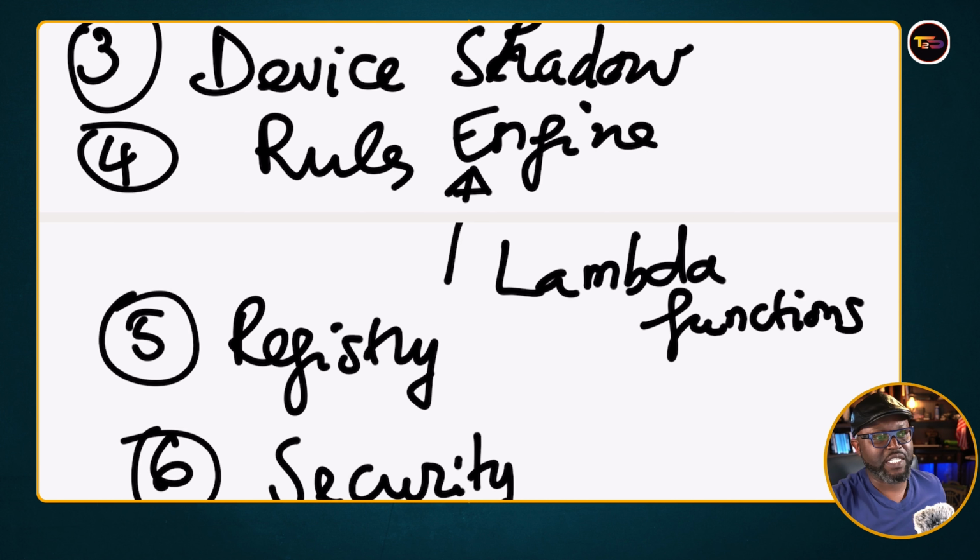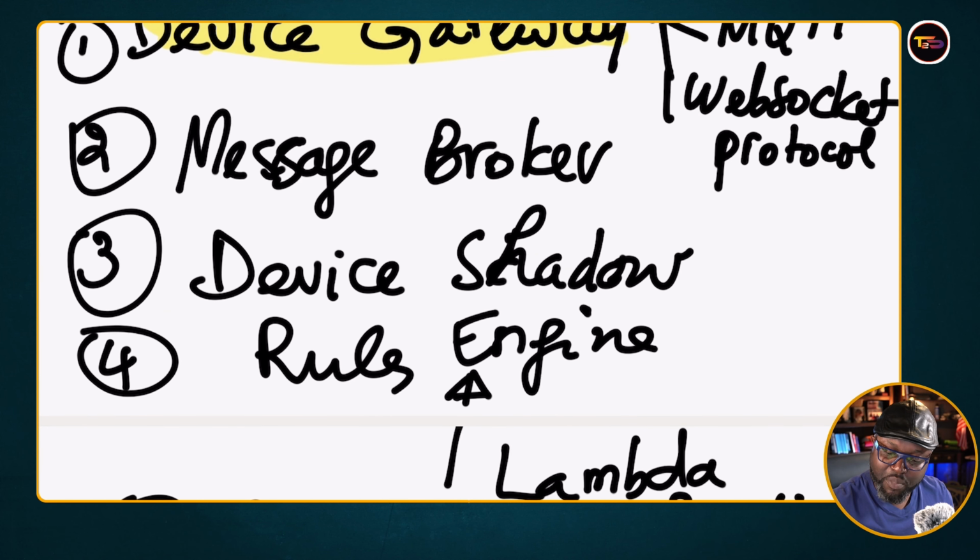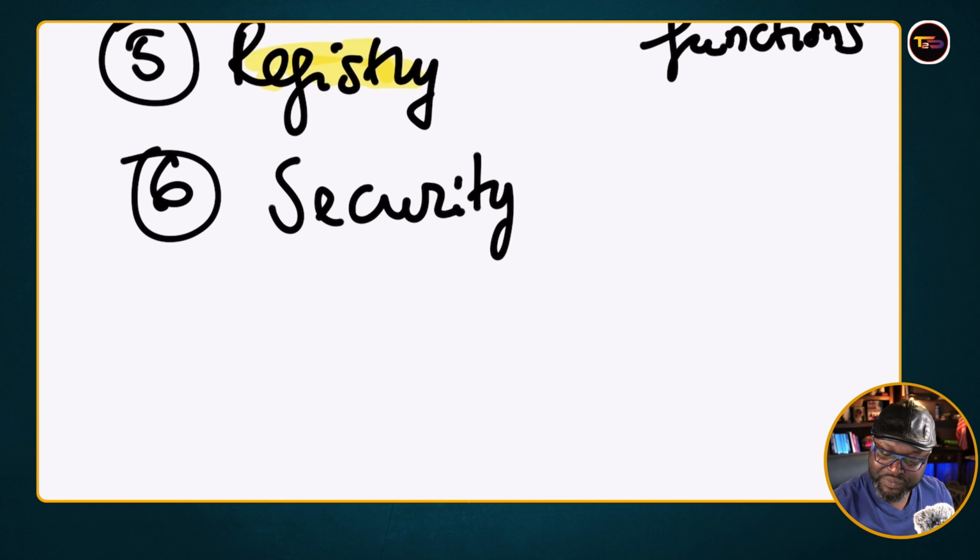This enforces authentication and encryption at all points of connection, so every point of connection should have a layer of security attached. You're going to provide fine-grained permissions to control device access. So the key components: the device gateway, the message broker, the device shadow, the rules engine, the registry, and finally security.